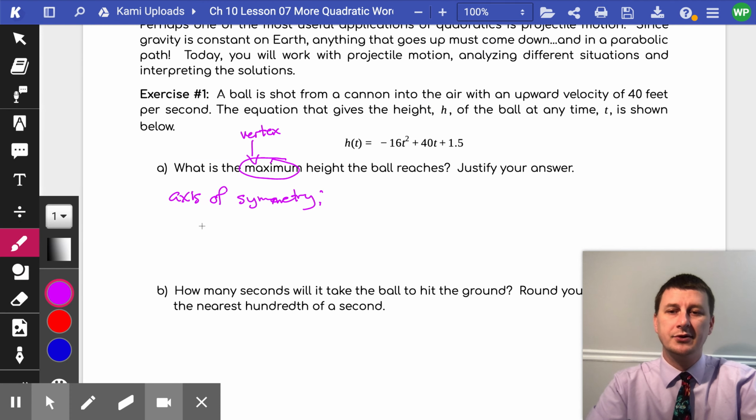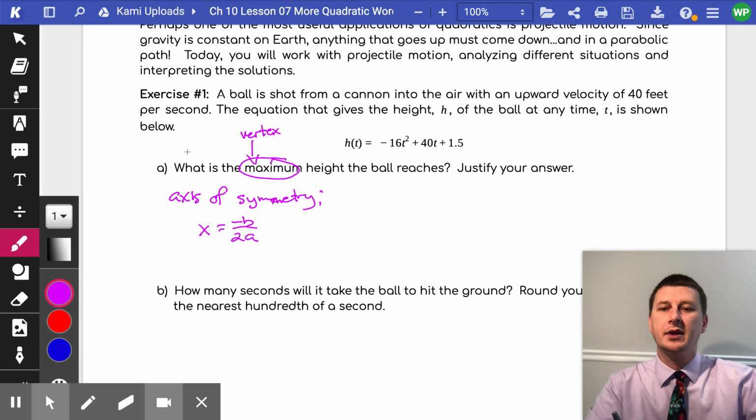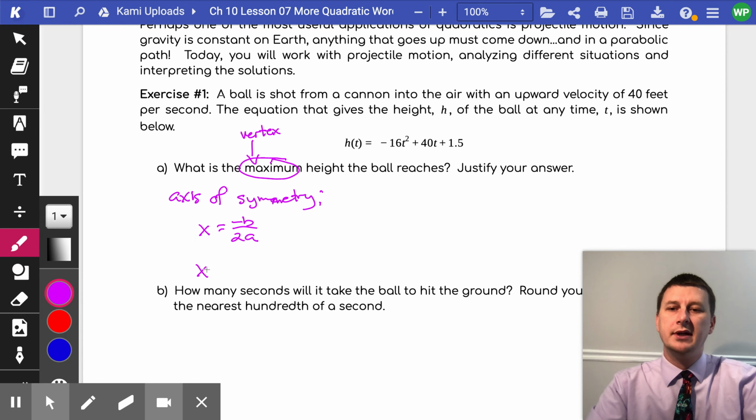The axis of symmetry formula you should remember as x is equal to negative b divided by 2a. So we substitute in: x is equal to, well, what's our b value? It's 40. So we write negative 40 divided by 2 times, what's the a value? Negative 16. Remember, keep the sign that's in front of each of the coefficients.